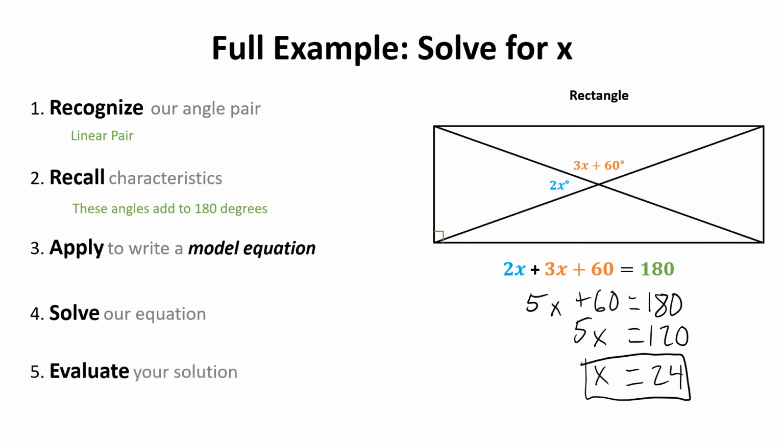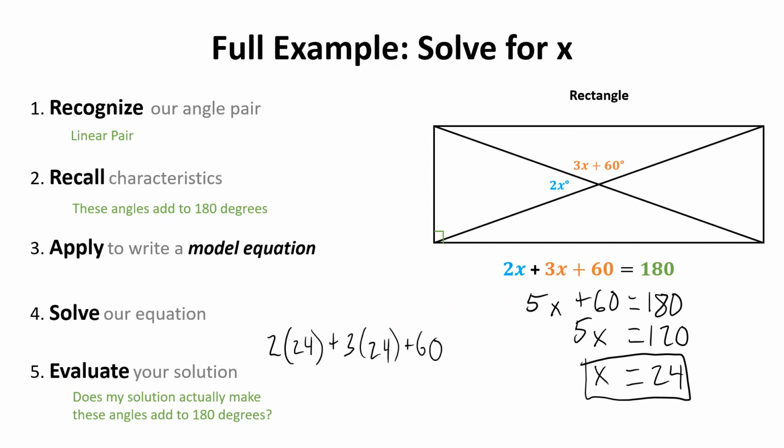So we're going to evaluate our solution to make sure that 24 is our actual answer for x. We can do that by substituting 24 back into our original equation, 2x plus 3x plus 60 equals 180. So let's do that. We will ask, does my solution actually make these angles add to 180 degrees? Let's see. We have our 2 times 24 plus 3 times 24 plus 60.